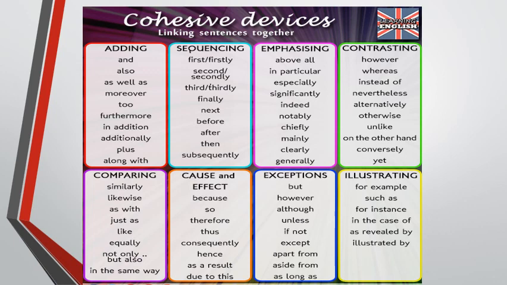Exceptions could be but, all but one, however, although, unless, if not, except, apart from, aside from, as long as. While illustrating, which means giving examples or exemplification: for example, such as, for instance, in the case of, revealed by, illustrated by, and so on.